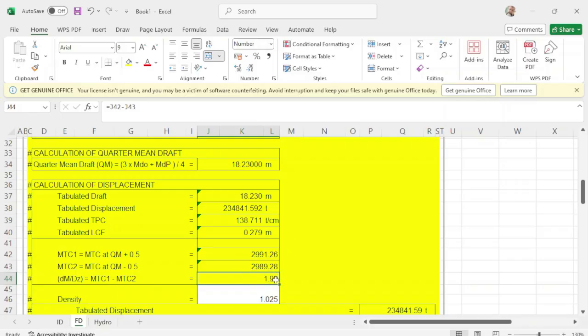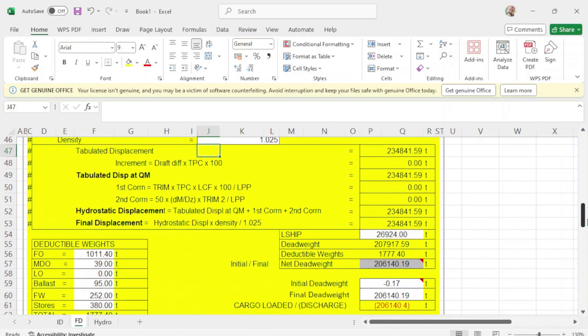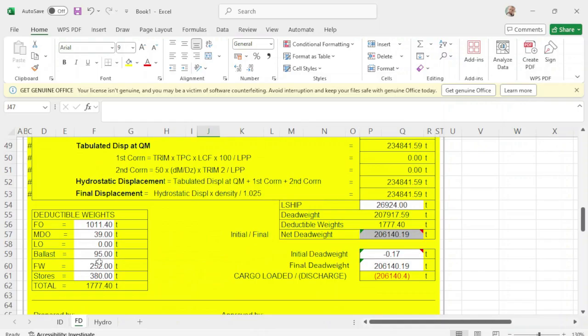It will automatically give you the answer of the difference of MTC, and you put the manual density of, let's say, 1.025, and it will compute. Put your ROB, for example, and your cargo will be 206,140.4.